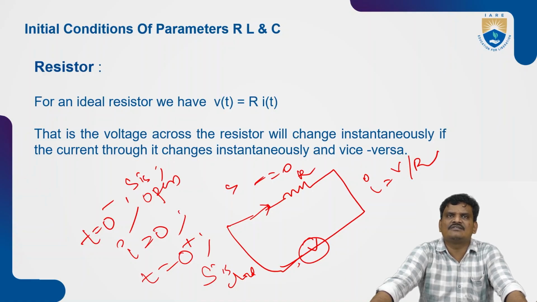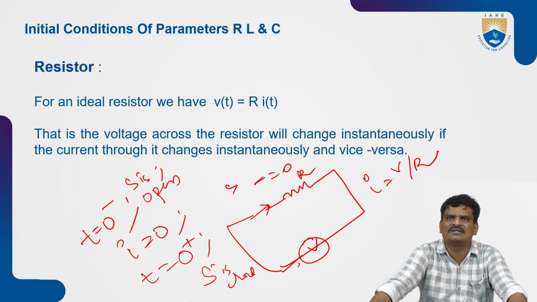So the resistor behaves under transient condition, when a switch is connected in a circuit, in such a way that the voltage across the resistor will change instantaneously if the current through it changes instantaneously, and vice versa. If the current is maximum, the voltage across the resistor will also be maximum. If the current is minimum, the voltage will also be minimum.